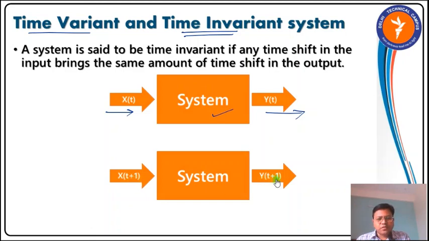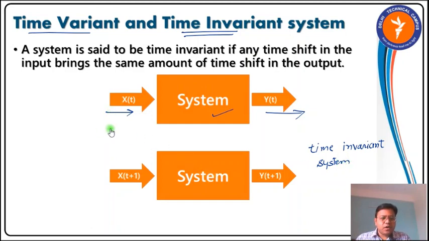So the output is also advanced by plus 1. If this happens, then we will say the system is a time invariant system.